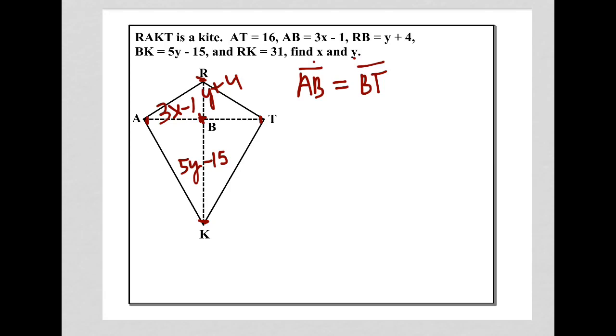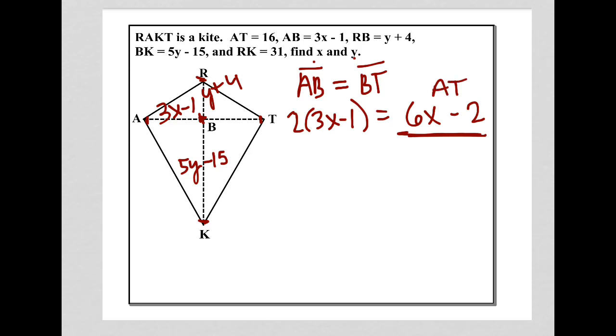From here, I can take 3x minus 1 and multiply it by 2. So I can have 2 times 3x minus 1, and that'll give me the entire AT, right? This gives me 6x minus 2. This right here is AT.